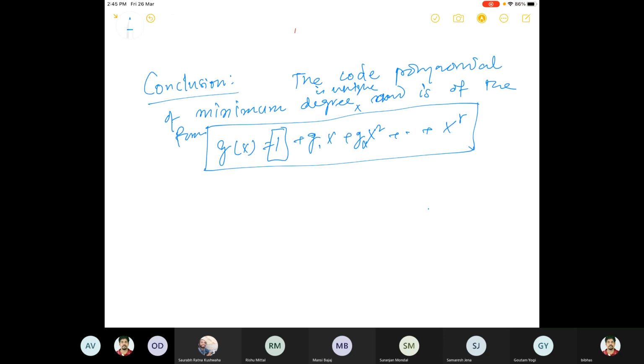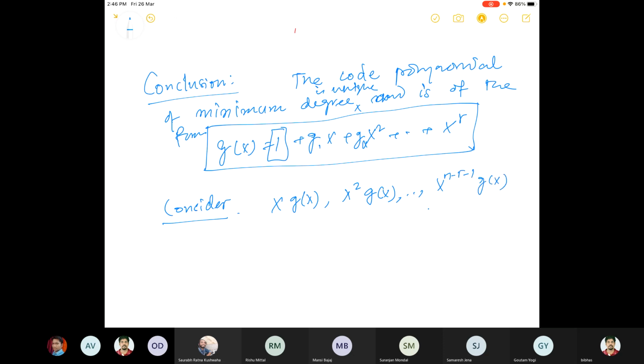Let us consider some more polynomials and see what is happening. Consider x times g(x), x squared times g(x), where g(x) is the minimum degree one, up to x to the power n minus r minus 1 times g(x).